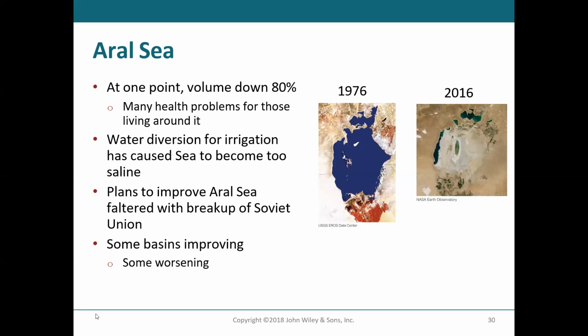There are plans to improve the Aral Sea, especially after the fall of the Soviet Union, which only exacerbated the condition of the Aral Sea because Uzbekistan and Kazakhstan did not have the government direction and help that they had previously received from Moscow.